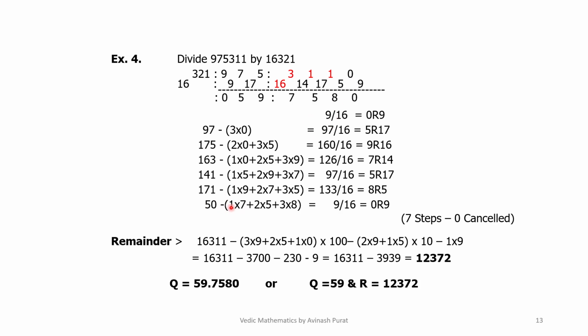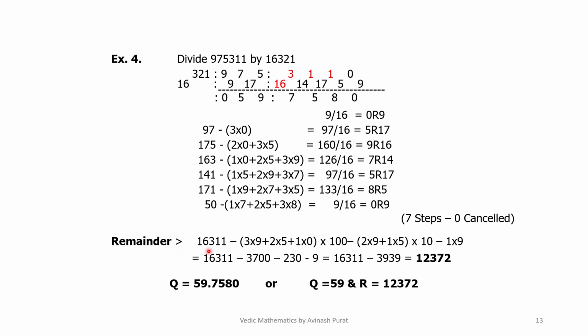So 50 minus 1 into 7 plus 2 into 5 plus 3 into 8 equal to 9, divided by 16 is 0 and remainder 9. So this is completed in 7 steps only and without any cancellation.